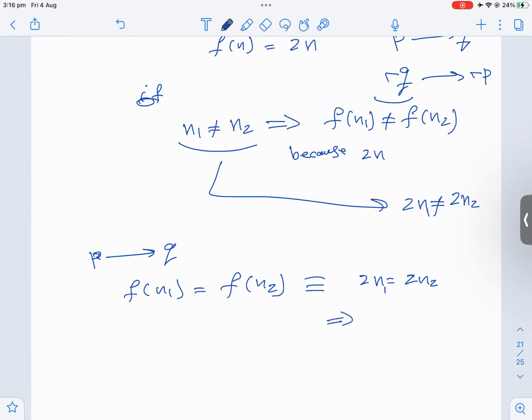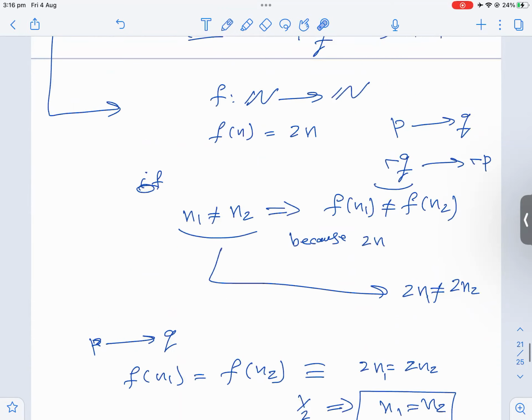From here, if I multiply by 1/2, I will have n1 equals n2. So f is one-to-one. This is the easy one, but it's not always easy. So the best way is to do the contrapositive version.